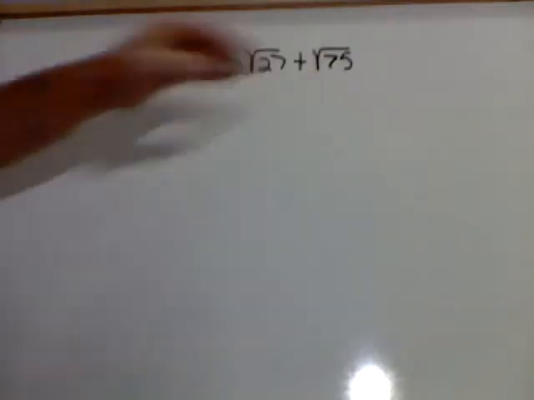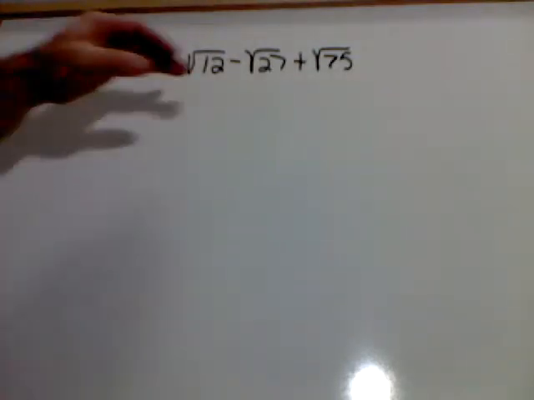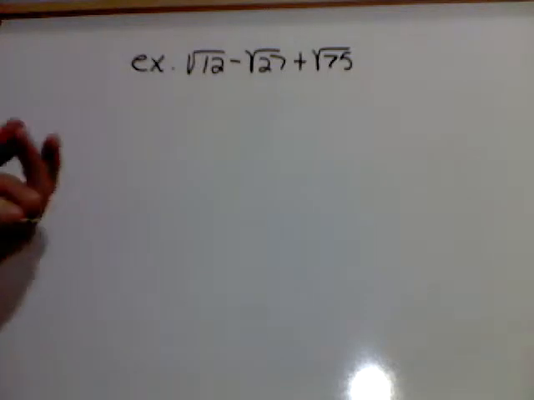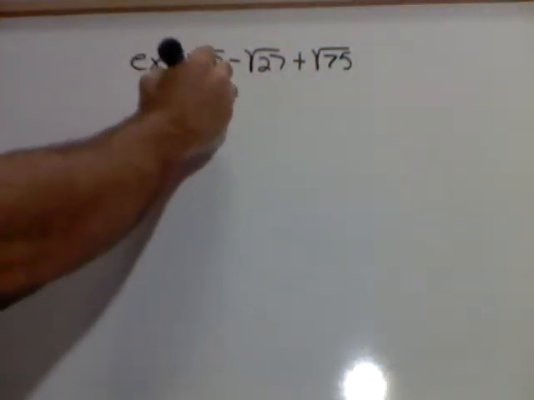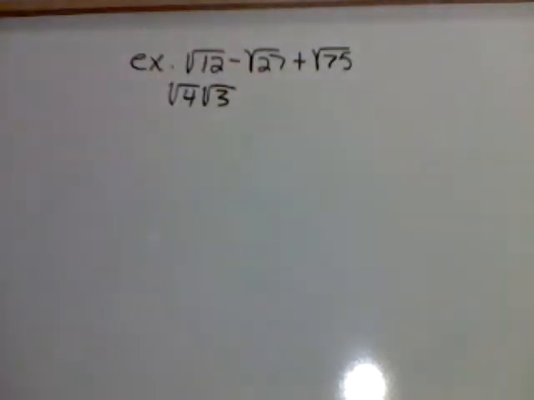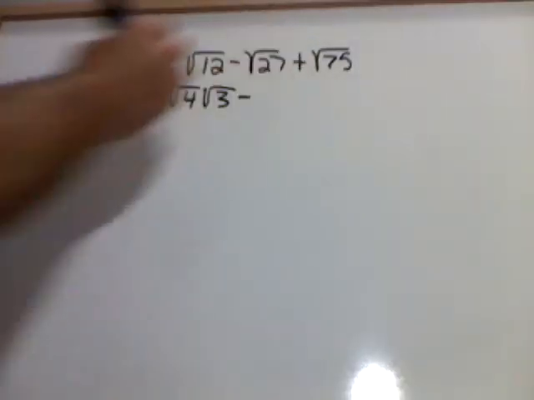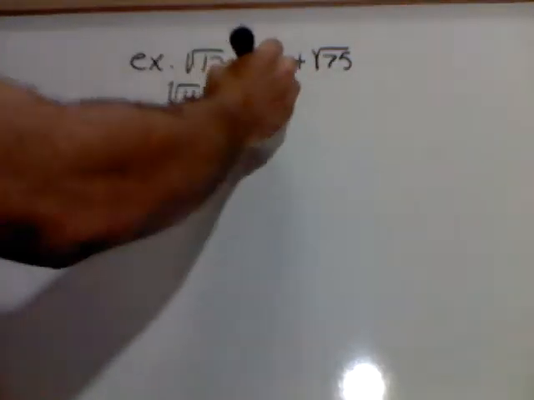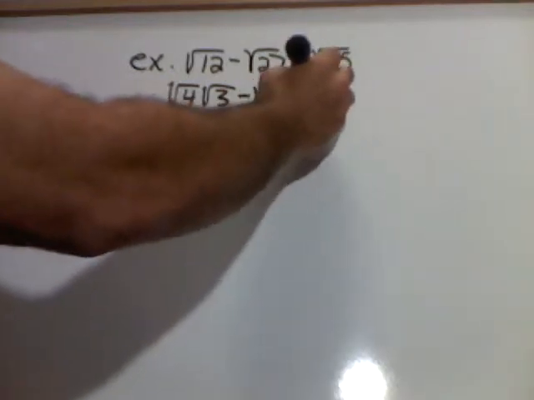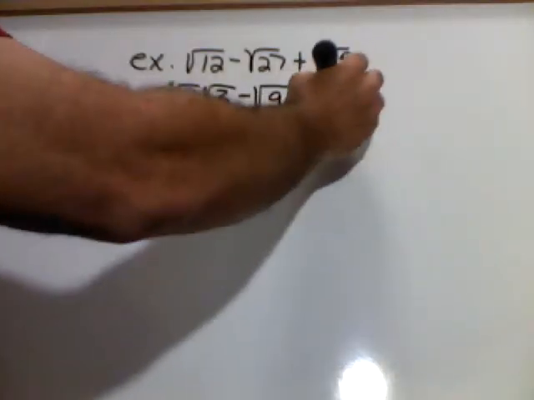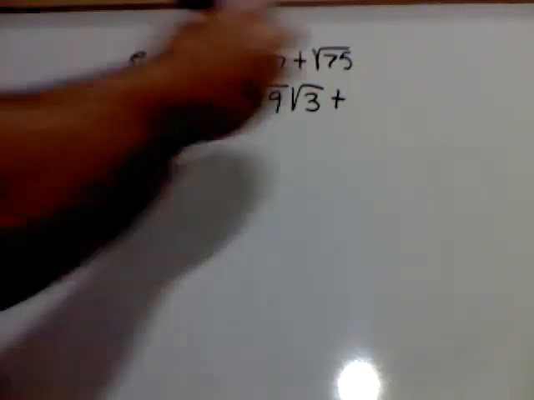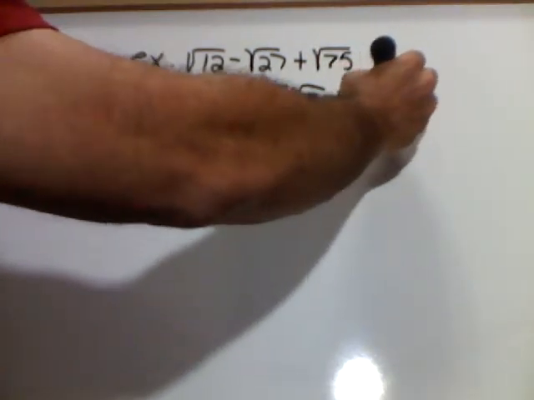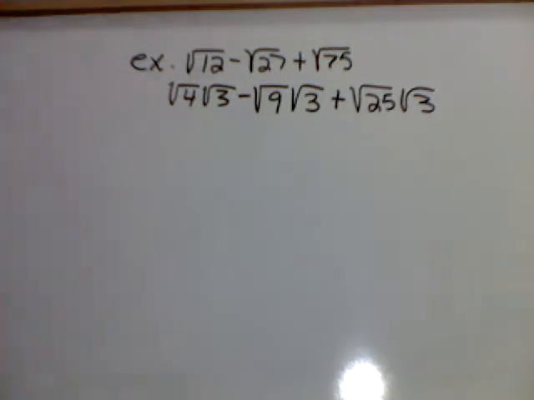Now, all these numbers under the radical are different, so I'm going to try to find the largest perfect square for each of these numbers and rewrite them. The largest perfect square that is a factor of 12 is 4, so I will write this as square root of 4 times square root of 3, minus the largest perfect square that's a factor of 27, which is 9, so I'll write that as 9 and 3, plus the largest perfect square that is a factor of 75, which is 25, so I will make that 25 and 3.